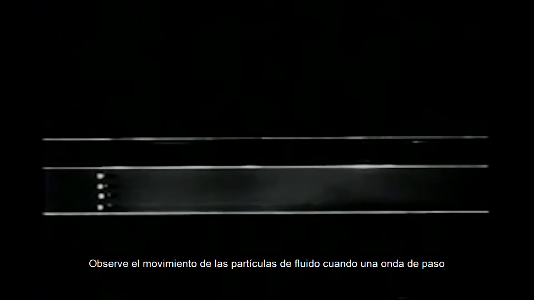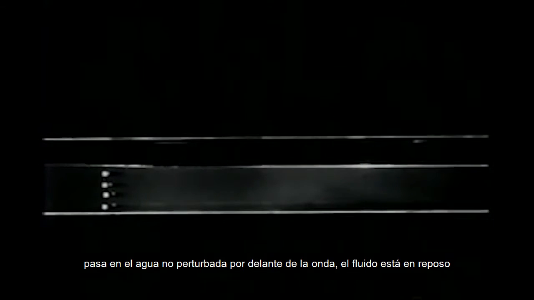Note the movement of the fluid particles as a step wave passes. In the undisturbed water ahead of the wave, the fluid is at rest. After the wave has passed, the fluid is moving in the same direction as the wave at a constant speed. The passage of the wave accelerated the fluid.